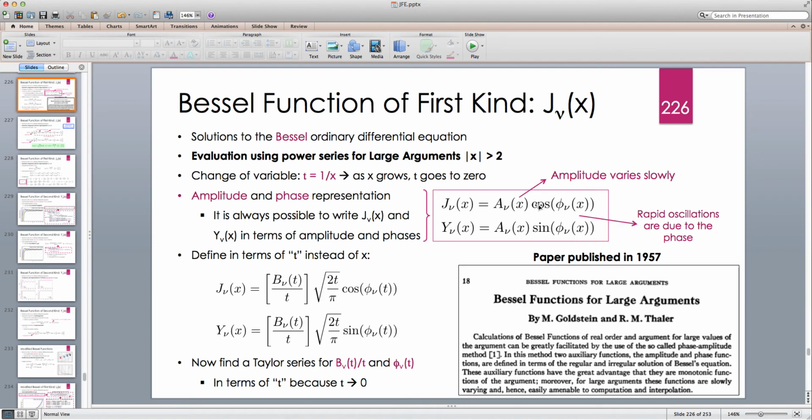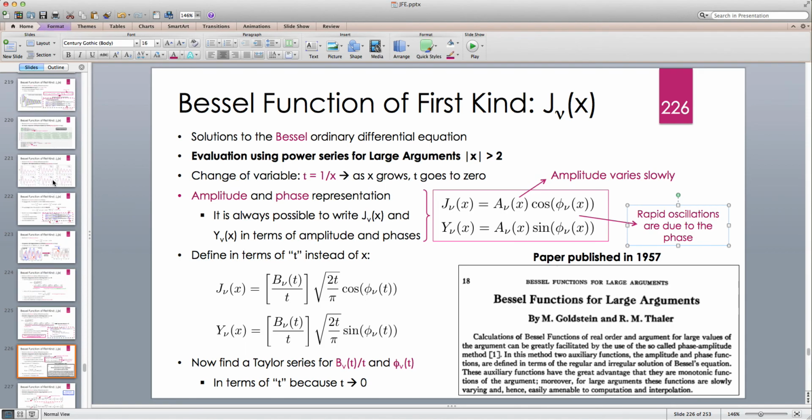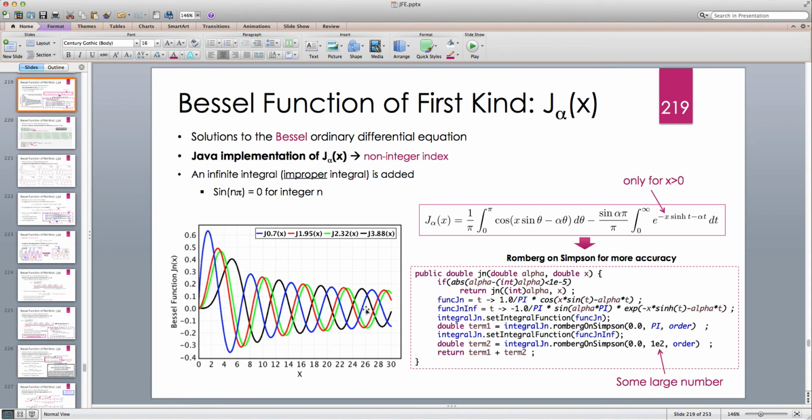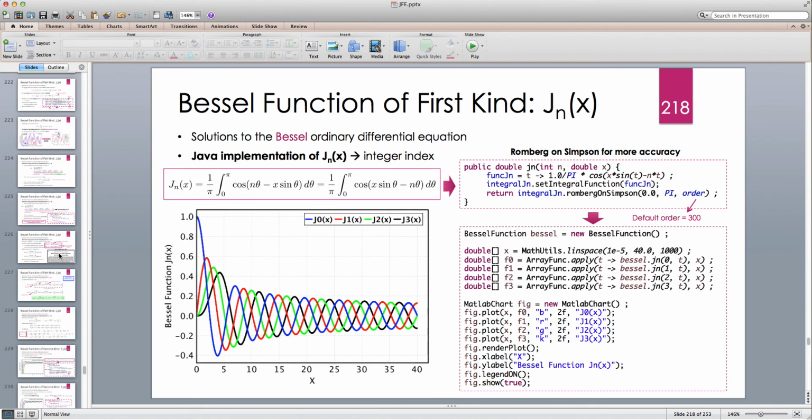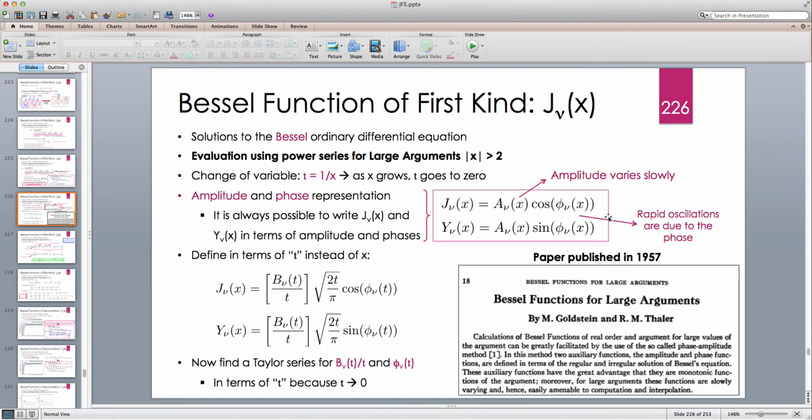All right. So the rapid oscillations that we see in the plots of the J function here are basically due to the cosine of the phase, and the phase term is changing with x, right? Because remember, if A and phi are big numbers, each time this phi goes through a change of 2 pi, the cosine goes through a whole cycle, right?